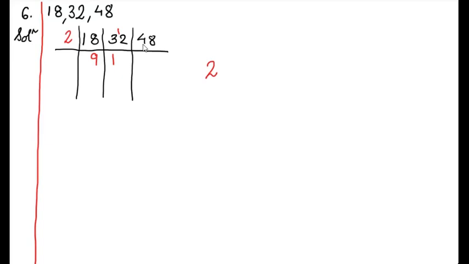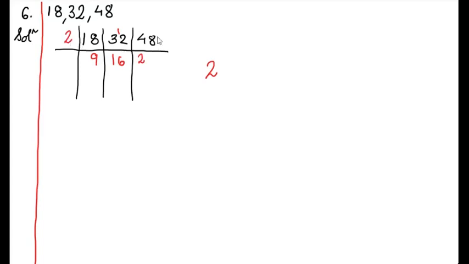2 16s are 32. Now we will divide 48 by 2. So first we will search for this 4. Is 4 divisible by 2? Yes. 2 2s are 4. That same number we are getting. So nothing is remaining. Now we'll go to the next number, that is 8. 2 4s are 8.